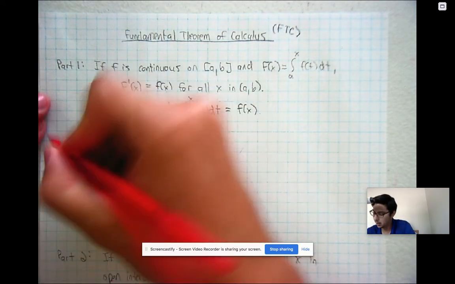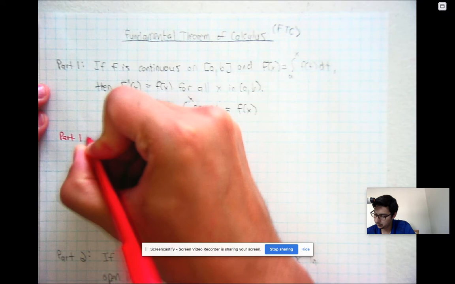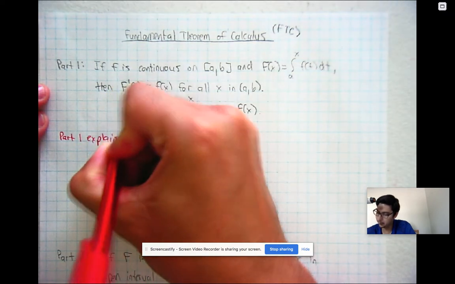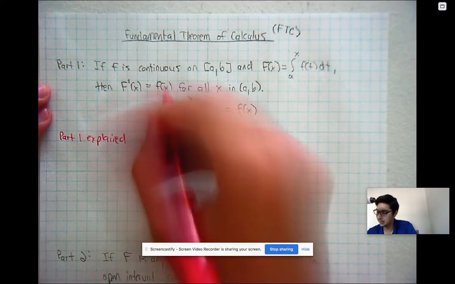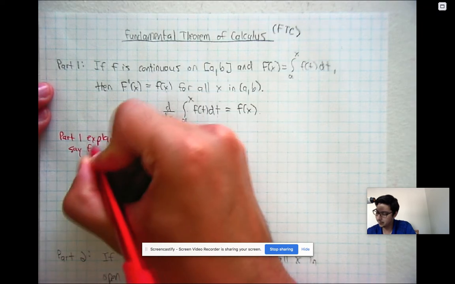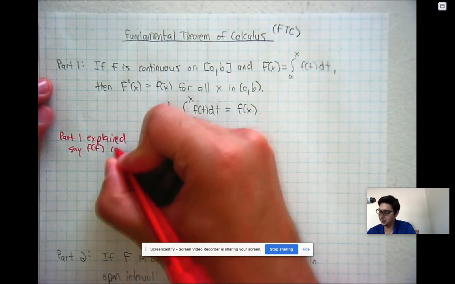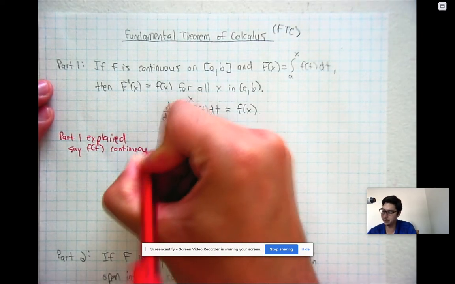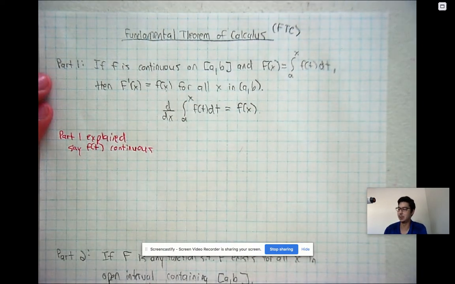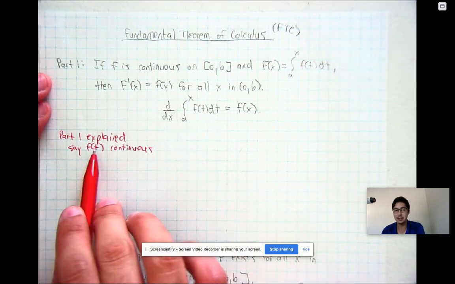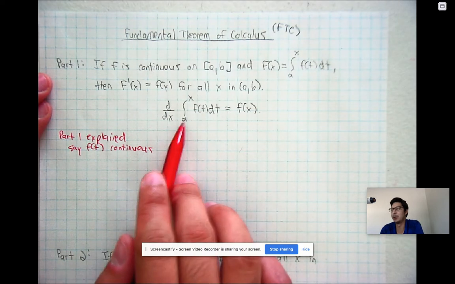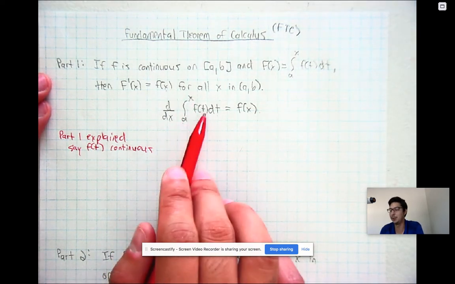So part one, explained. What this part of the fundamental theorem of calculus is saying is, say you have a continuous function f of t. And if you watch my last video, there's a reason we use f of t and not f of x. That's because when we say a bound to a random variable x, we don't want to confuse the x's.